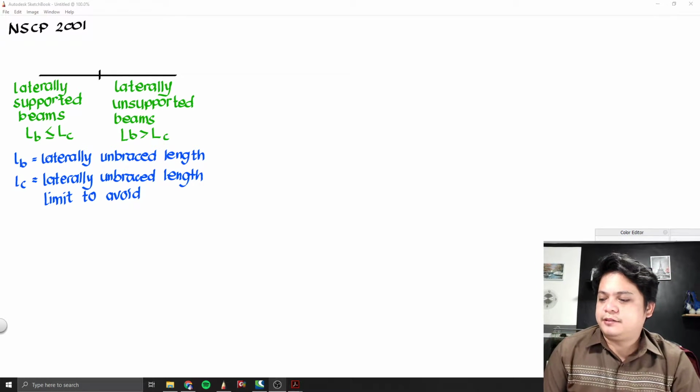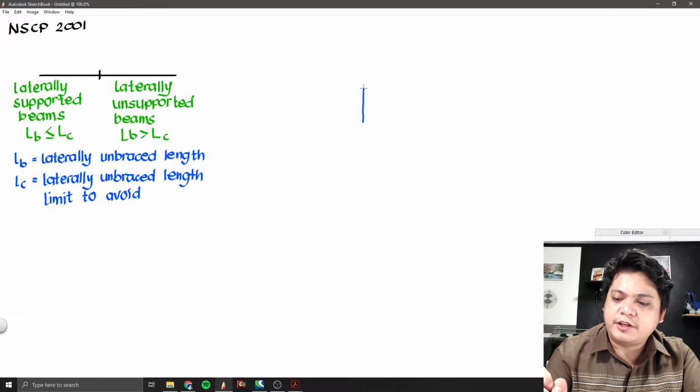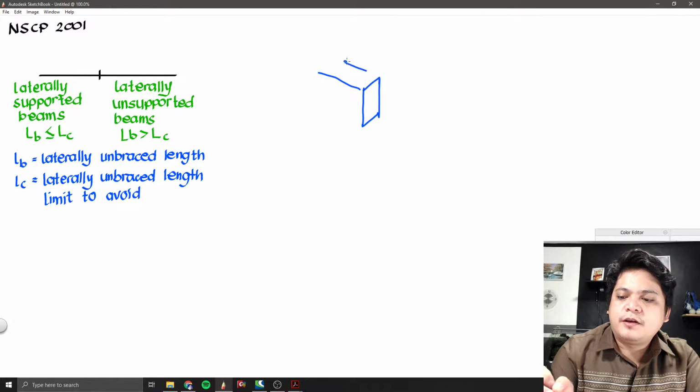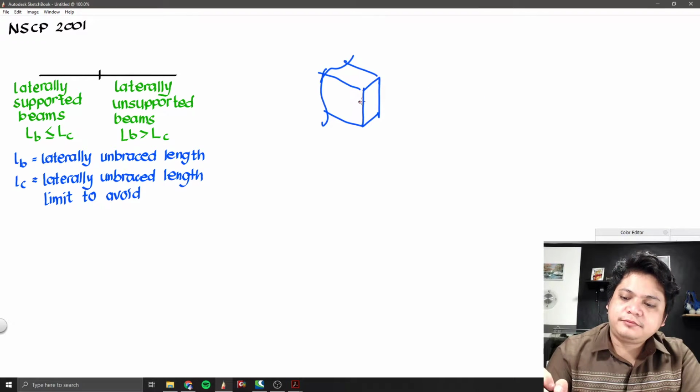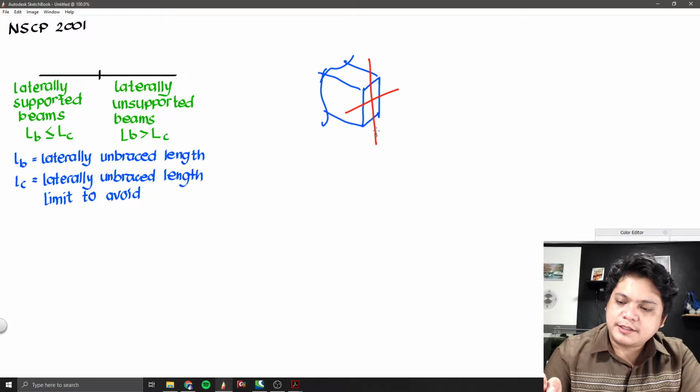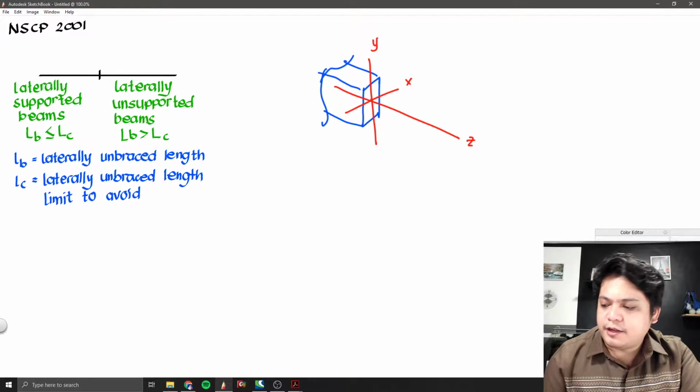balikan muna natin yung ating beam, no? For example, I have here the beam cross-section. Okay, i-review natin kung nasa na tayo. So, sabi natin, meron tayo dong axis. So, you have here the X, you have here the Y, and you have here the Z. Okay?